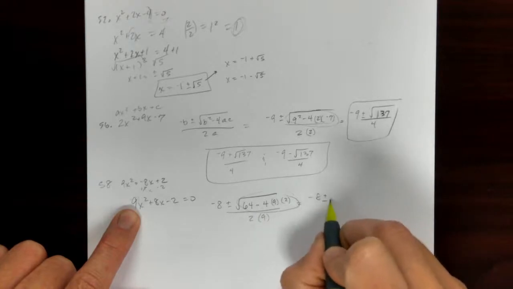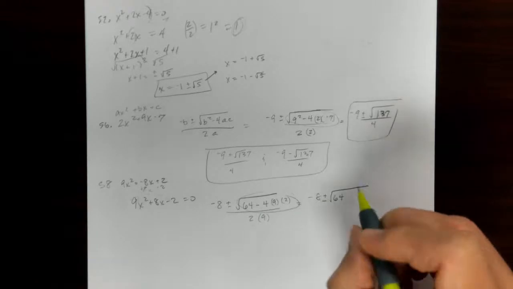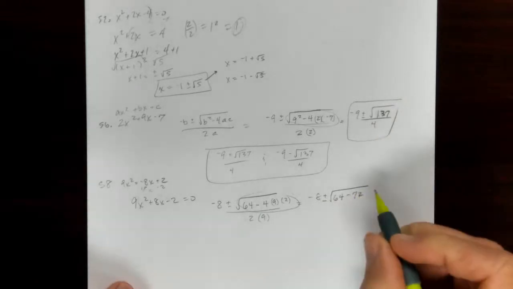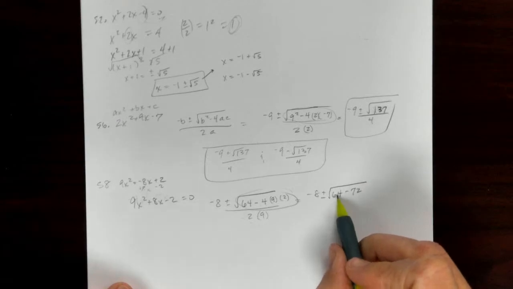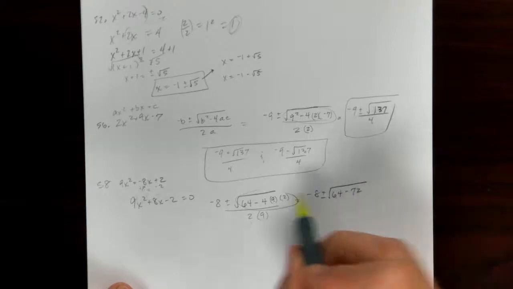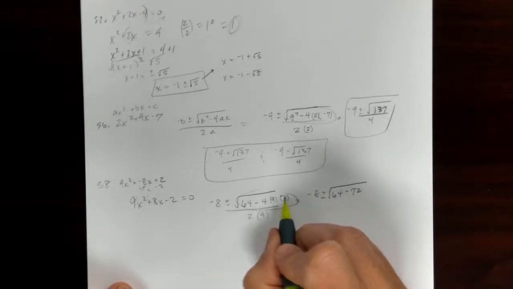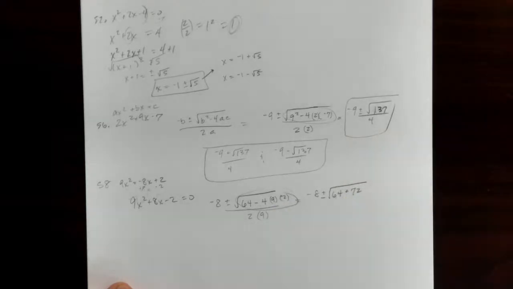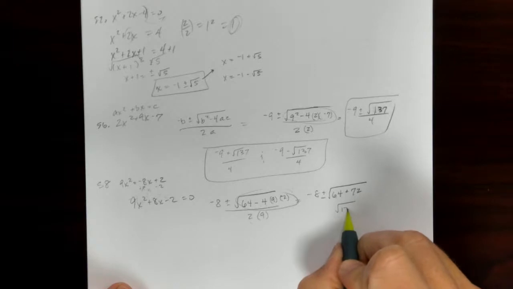So I have negative 8 plus or minus the square root of 64 minus 36 times 2, which is 72. Okay, 64 minus 72. No, that's a negative 2. Okay, there we go. So negative 4 times negative 2 is going to give me a positive 72. That makes sense. So I add those together, I get the square root of 136.